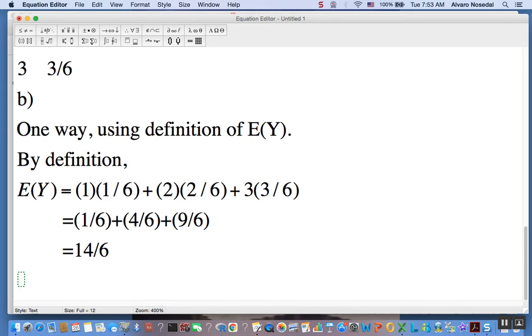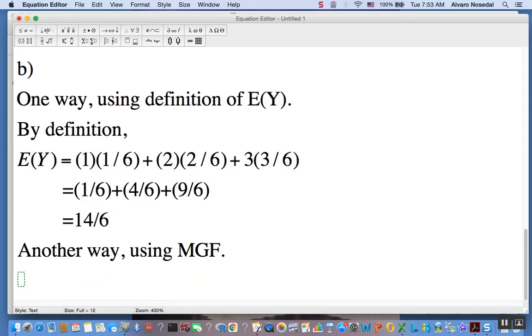Now, another way. Let's use the MGF. Using the moment generating function, we know that what we have to do is find the first derivative with respect to t, and then evaluate it at 0.